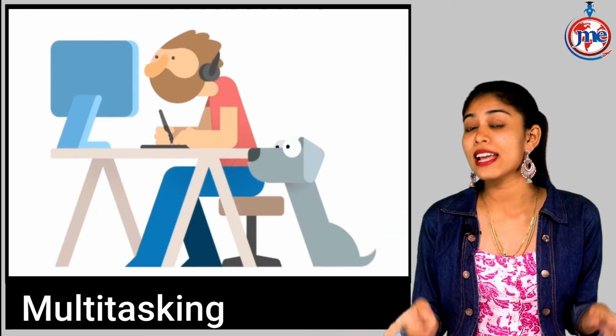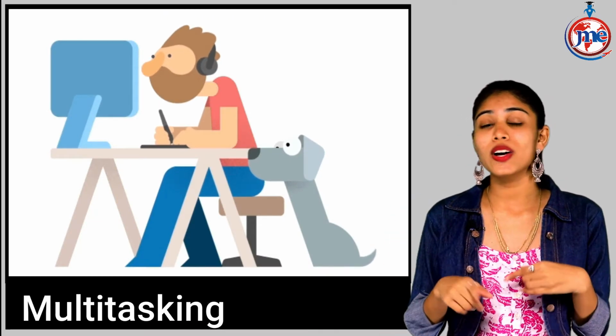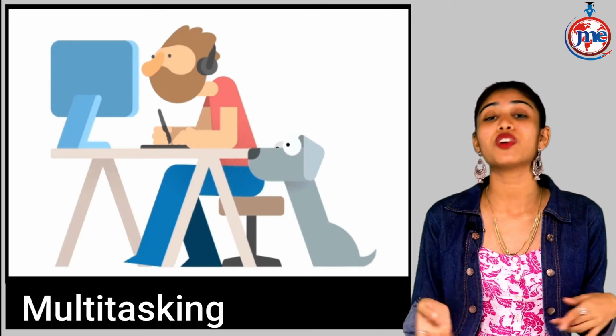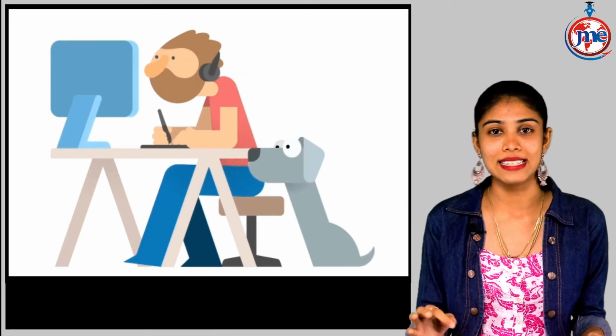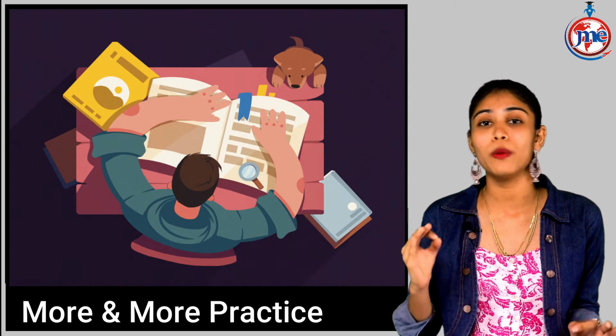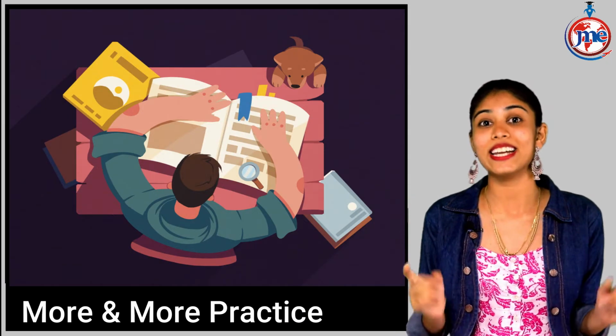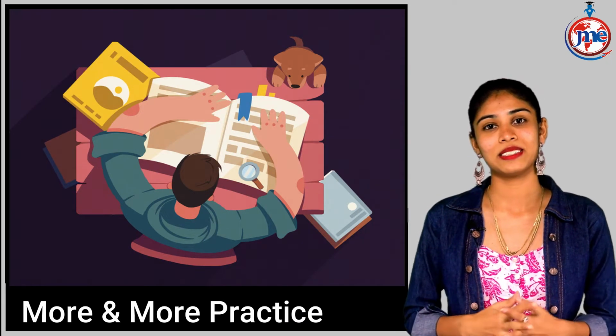Why multitasking? Because when the audio is going on, at the same time you have to hear the audio, read the question and write the answer. So you are going to be multitasking. So students, I request that you do more and more practice and be accurate in your IELTS listening task.